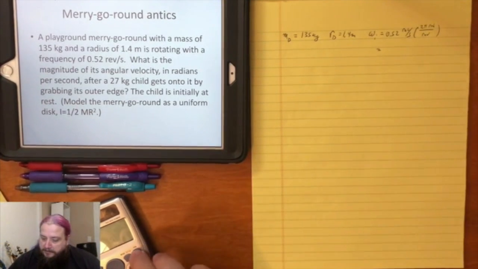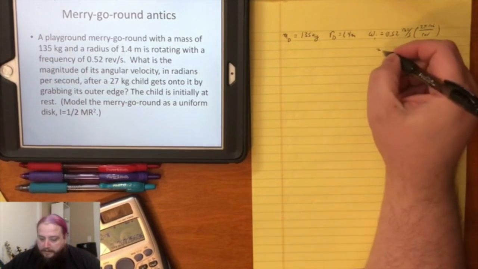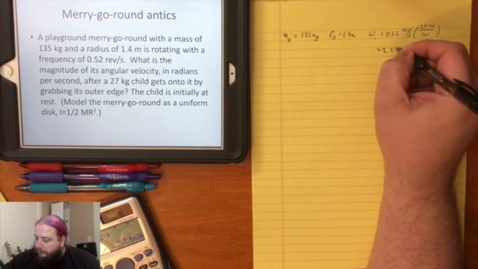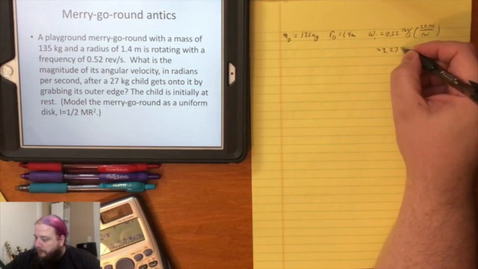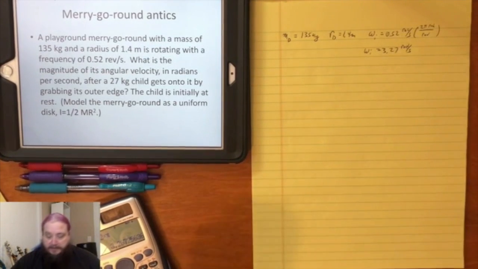So that's 0.52 times 2 times pi. That's 3.27 radians per second, our initial rotational velocity.